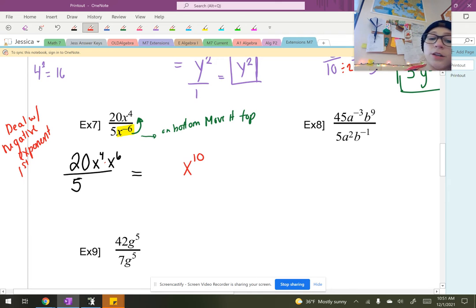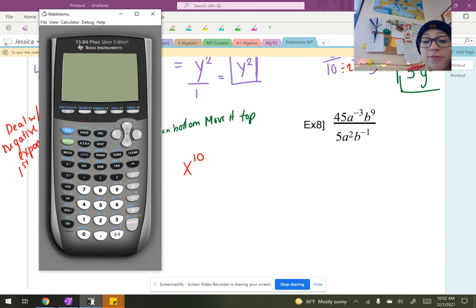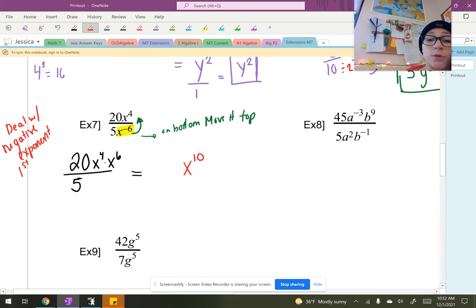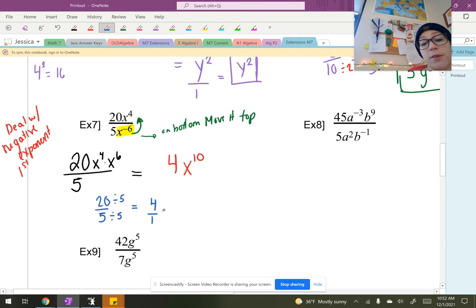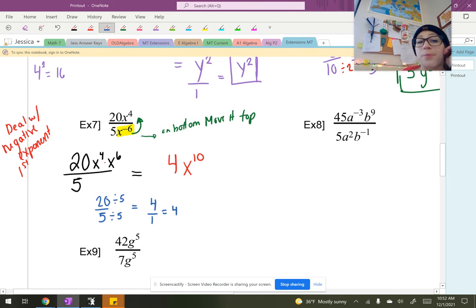Good job. 20 divided by 5, if I plug that in my calculator, would be 4. Or if you think about it in terms of simplifying, 20 divided by 5, both of those can be divided by 5, giving me that 4 over 1, which is just 4. So final answer, 4x to the 10th power.